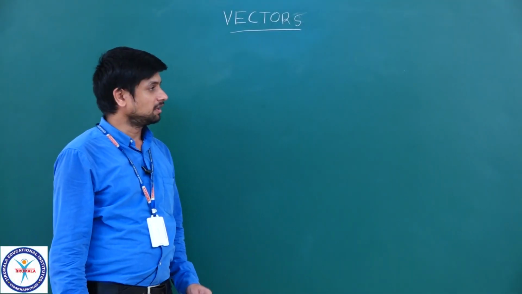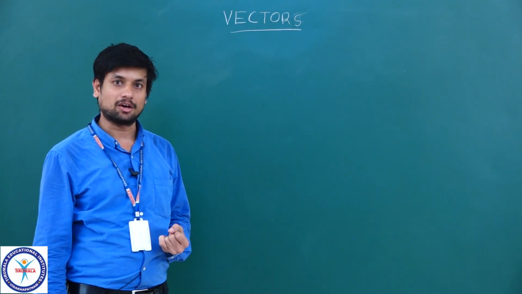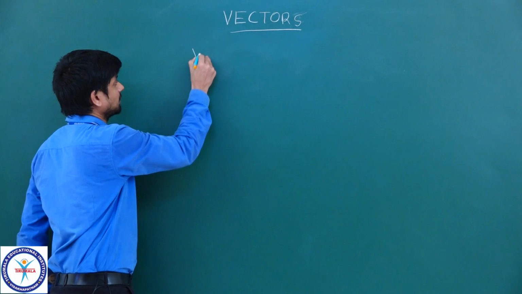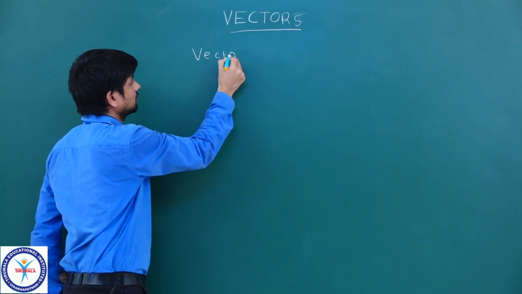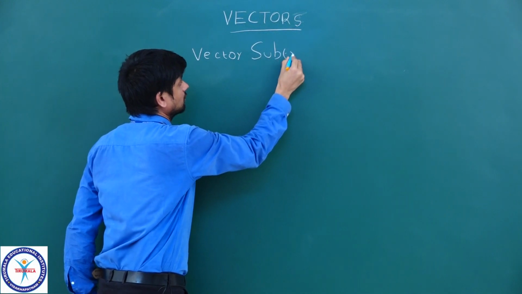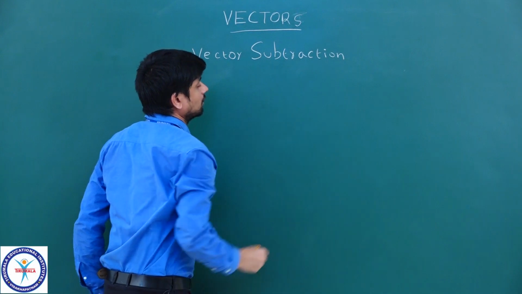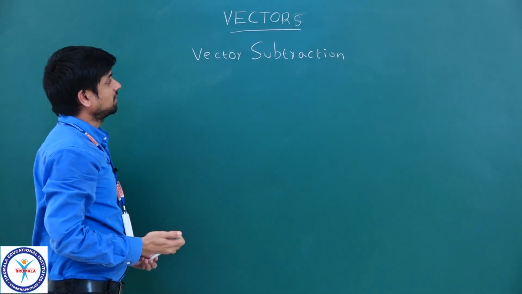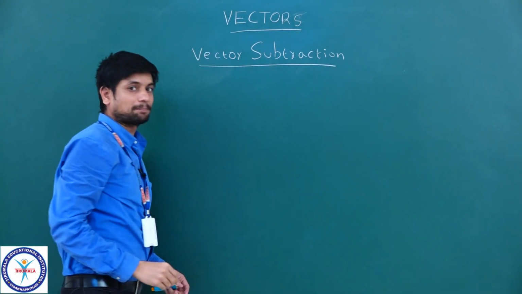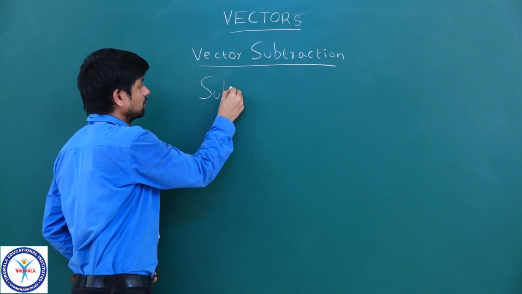So, children, till now we have discussed the addition. Now, if you check the subtraction, vector subtraction. I said before, subtraction is also addition, and even multiplication is also addition.